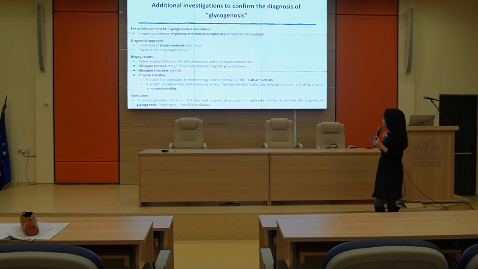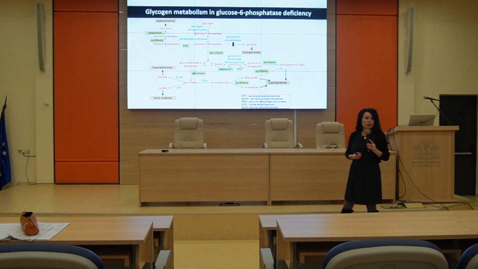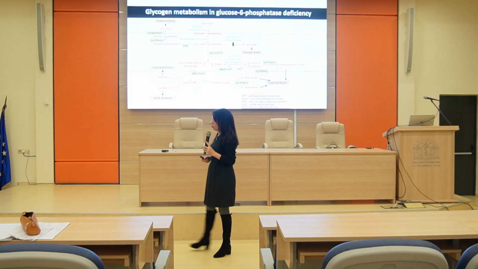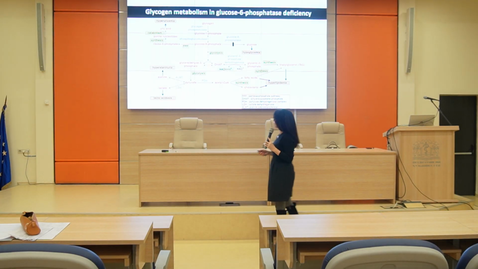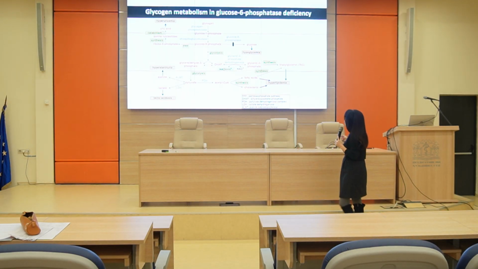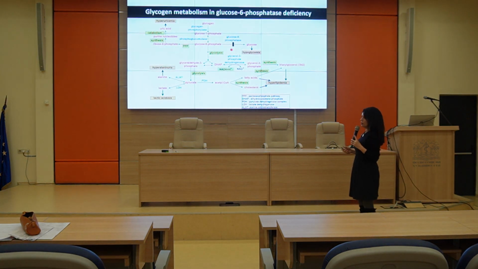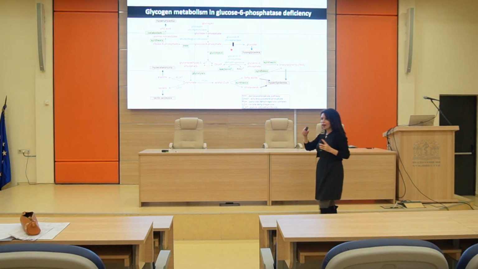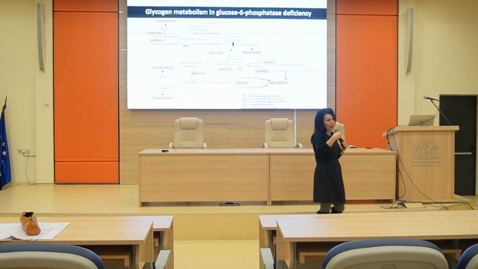And let's go directly to the scheme, students, to see what happens during the deficiency of this enzyme, which is called glucose 6-phosphatase. Let's follow the reactions and discuss all symptoms. Where is the enzyme? Here is the enzyme. This enzyme is a part of glycogenogenesis, but glycogenolysis uses the same enzyme in the end of the glycogenolysis in the liver.